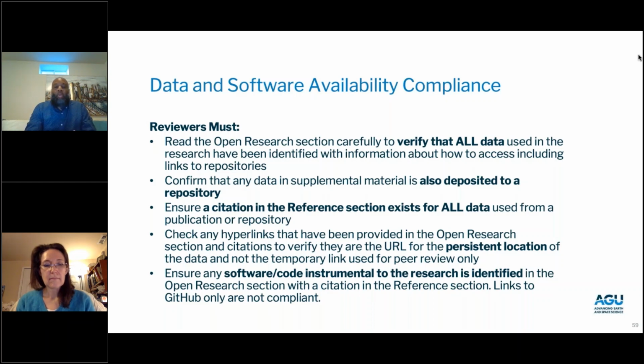We want to make sure that the data, if it is in a supporting information file or supplemental file, for the purposes of peer review, we want to also confirm that the data and software are also put into repositories. So through the different stages of the paper, the initial submission and subsequent revisions, that could be an evolution of the process.